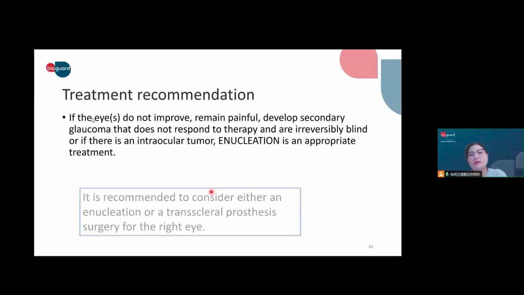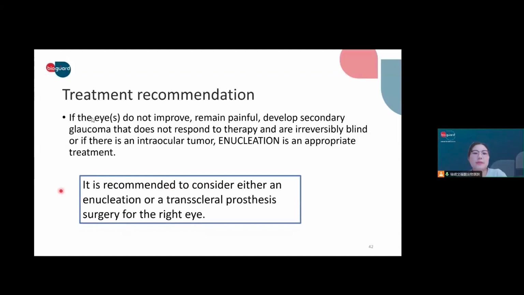So for this dog, it is recommended to consider either an enucleation or a transscleral prosthesis surgery for the right eye.